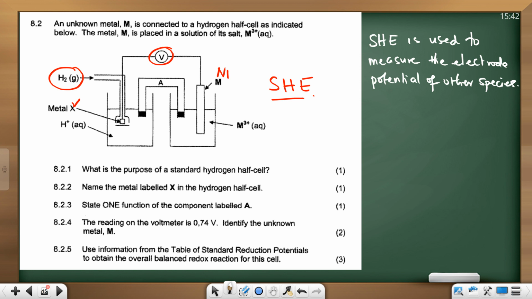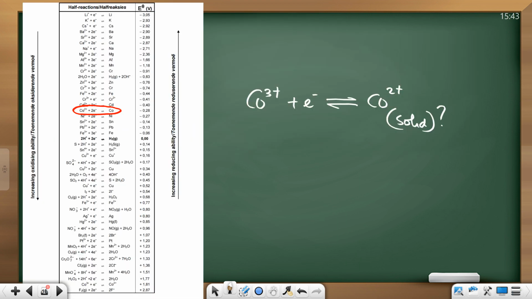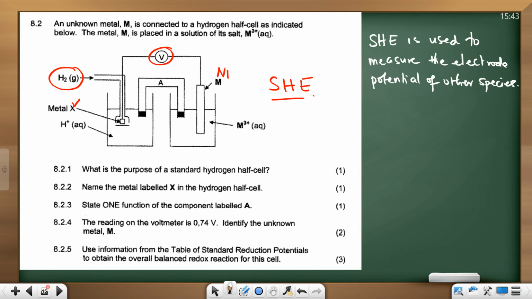What is M? You guys are correct. Chromium, Cr. Beautiful. Guys, can you see that this is easy?